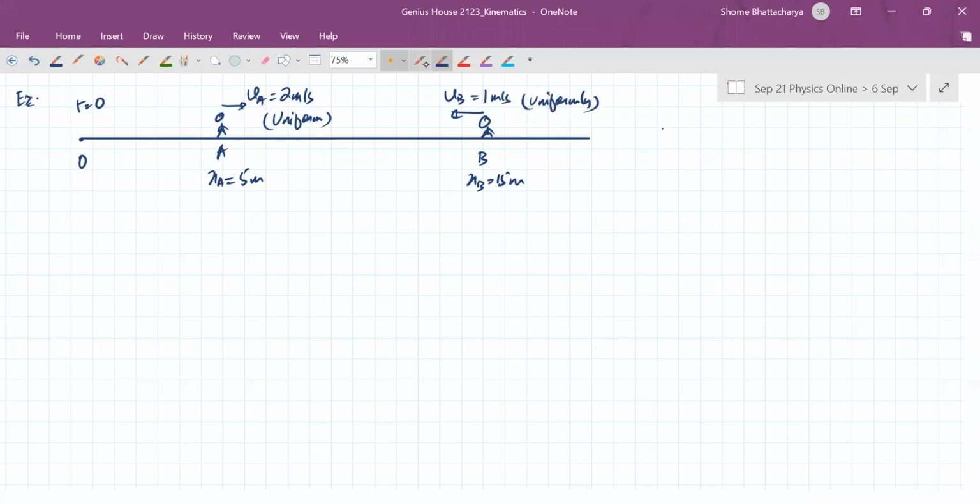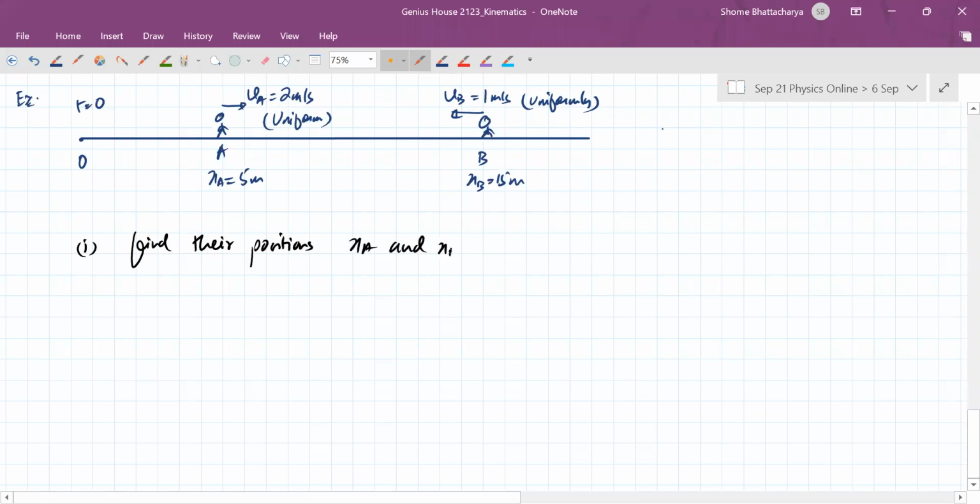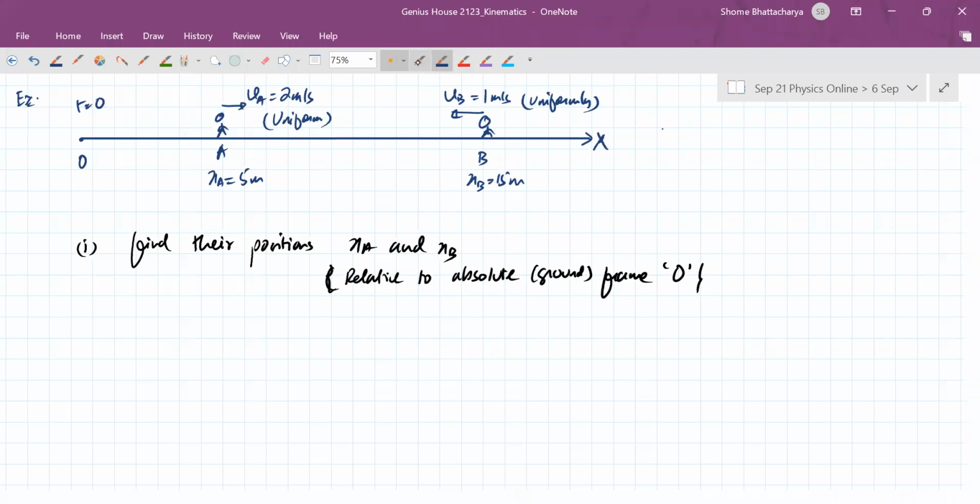Okay. So now what we have to do is find their positions XA and XB relative to absolute or ground frame O, at t equal to 2 seconds.